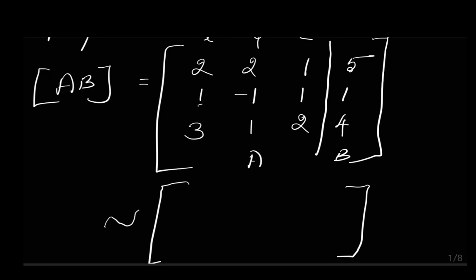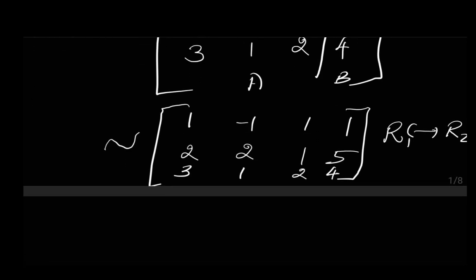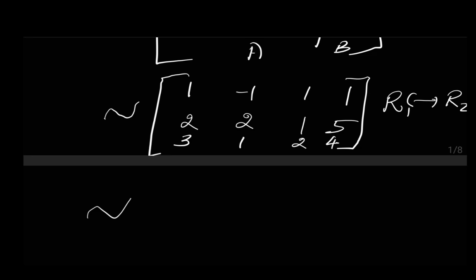The second row has the first element as 1. So let me interchange the rows. R1 goes to R2 and R2 goes to R1. So 1, minus 1, 1, 1; 2, 2, 1, 5. The third row, write as it is, 3, 1, 2, 4.